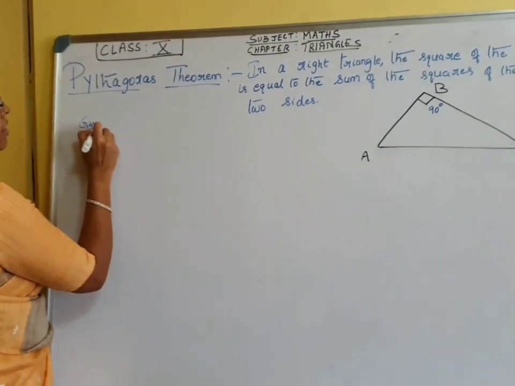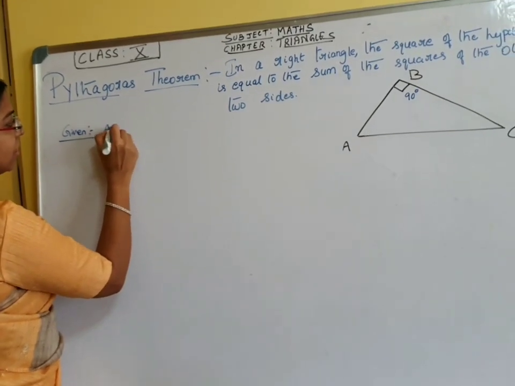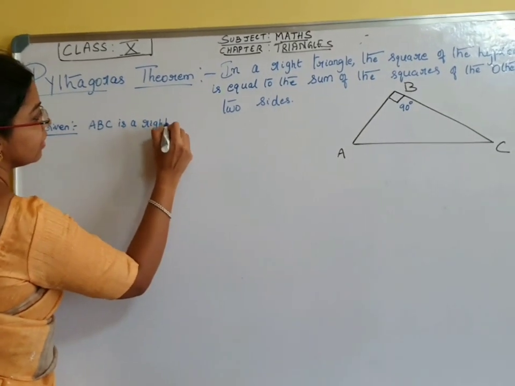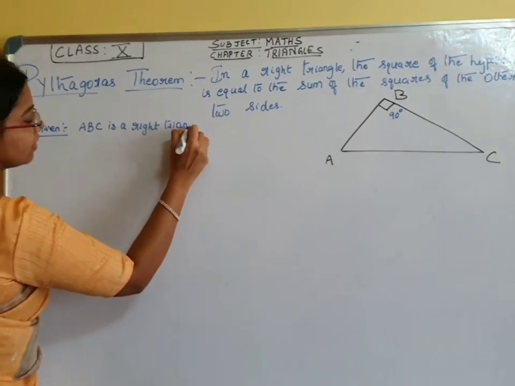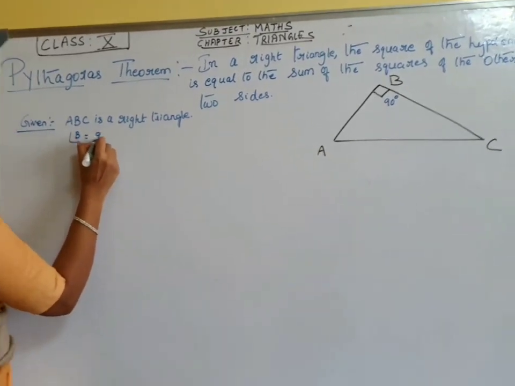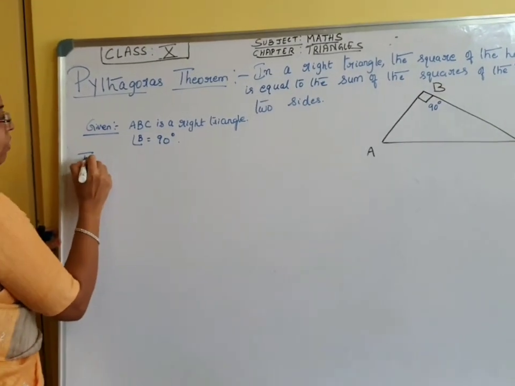Given is ABC is a right triangle. Angle B is 90 degrees here. In triangle ABC, we have taken angle B as 90 degrees. What we need to prove?